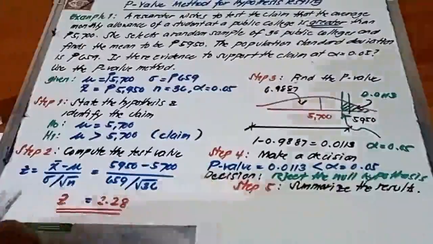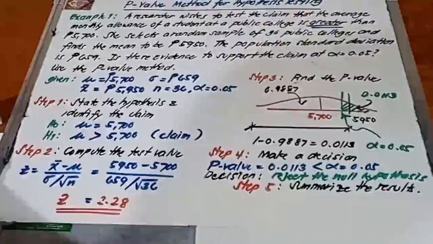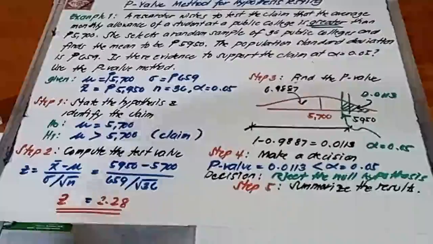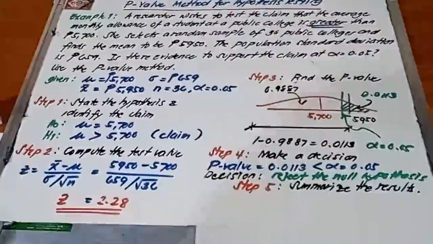Okay. And for step number 5, we're going to summarize the result. So what should be our conclusion?